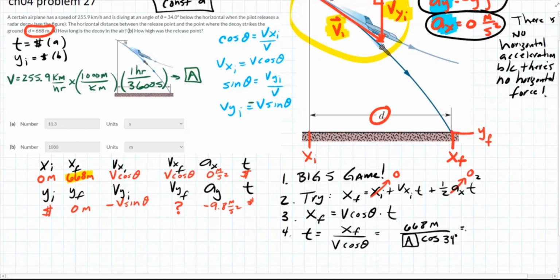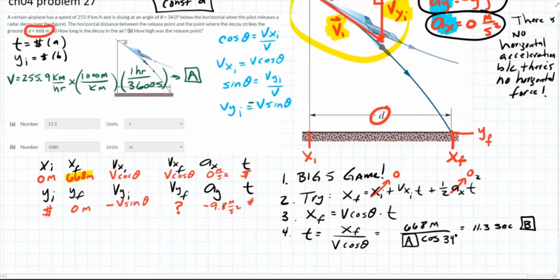So flight time for me, unless I made a mistake, 668 divided by alpha A divided by cosine of 34 equals 11.3 and some change, 11.3 seconds. And I better put that in memory location B. Store alpha B. Okay, good. That's one down, one to go.